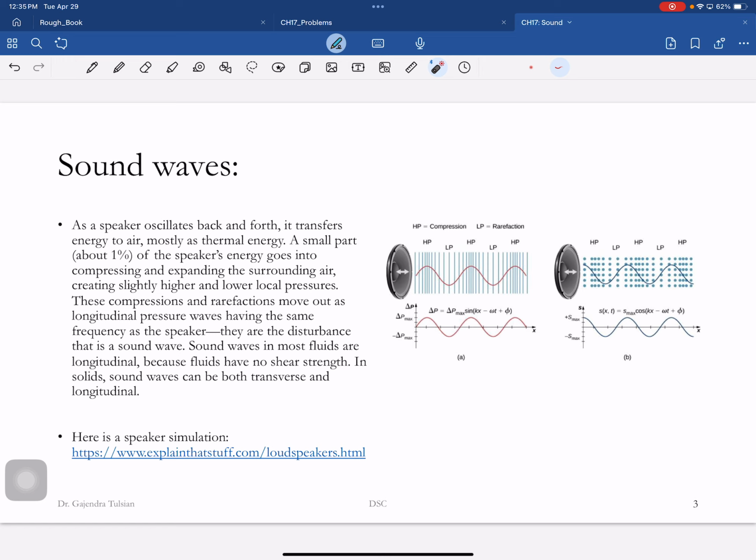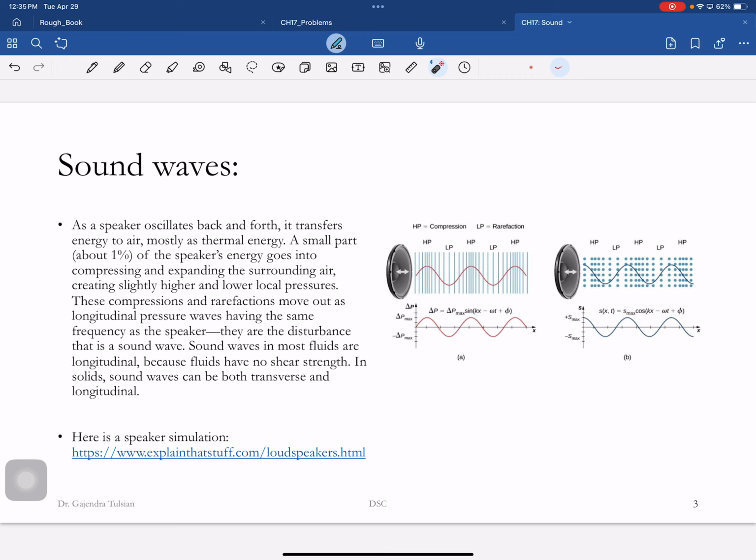Okay. So when you vibrate a diaphragm, about 1% of the speaker's energy is converted into compressing and expanding the surrounding air. About 1% of the energy goes into producing sound wave. Okay. So a 100-watt speaker is using 100 joules of electricity per second, and what is the sound?